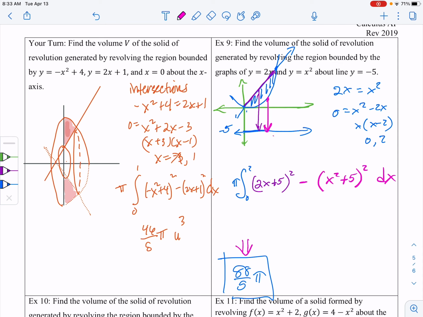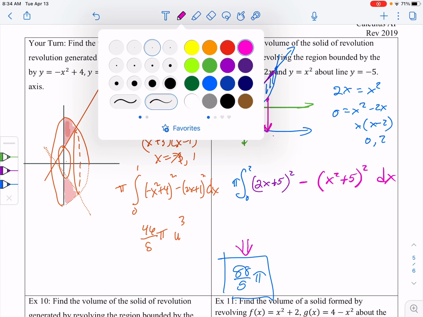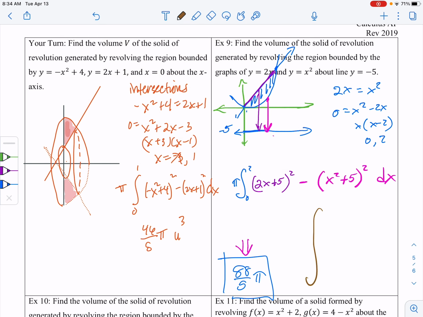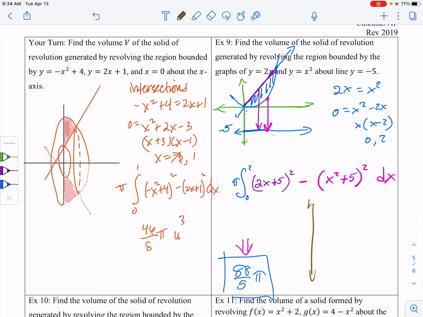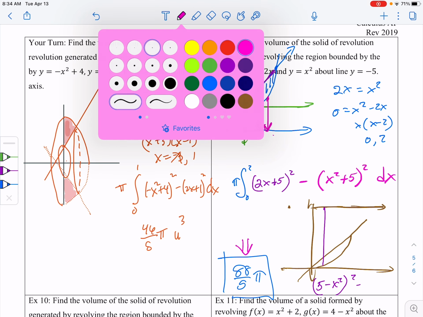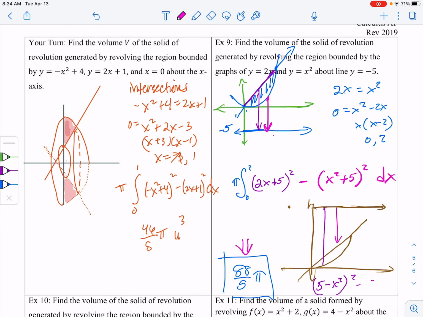Top minus bottom. Guys, on the exact same problem, if they had changed this, and I had my shape going around y equals positive 5, when you do your lines, my big one would be 5 minus x squared, and my little one, which I didn't do in pink, so I'll be consistent, would be 5 minus 2x, squared.